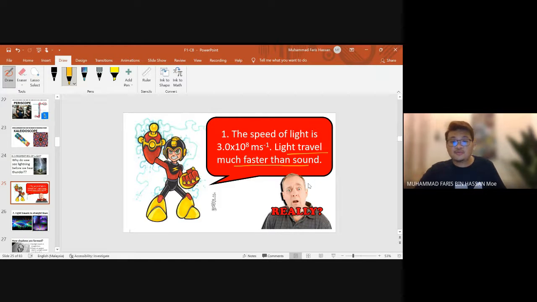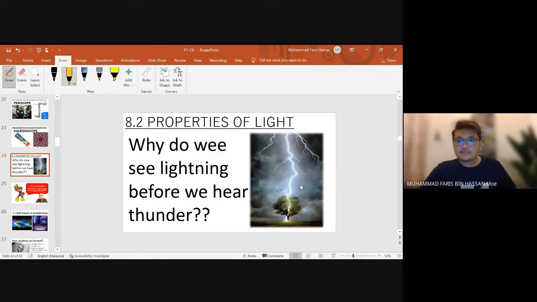That's the reason why, during the rain, you see the lightning first, and then maybe after a few seconds, you hear the thunder. That's because of the speed of light.